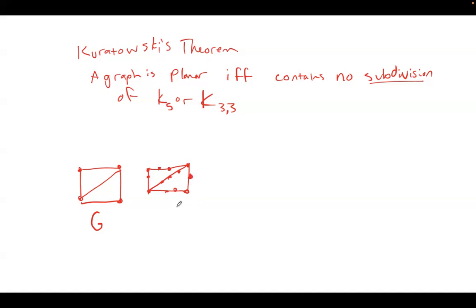And that's a subdivision of G. If we insert vertices like that, the general shape still looks like G. Similarly, if we have K5, and we insert vertices along the edges as we go, then that's a subdivision of K5.